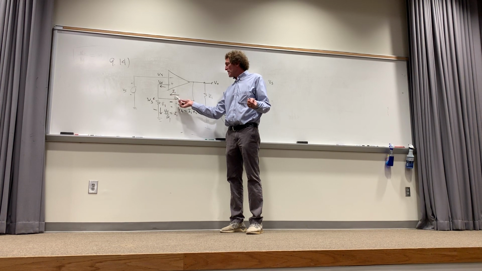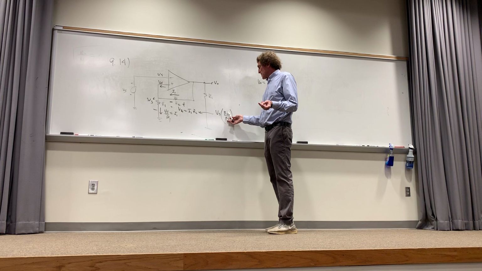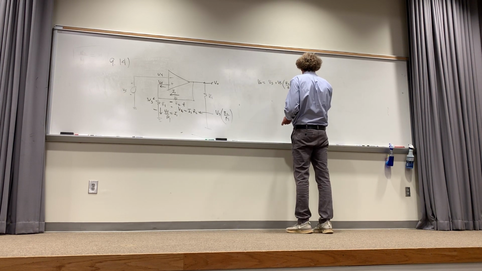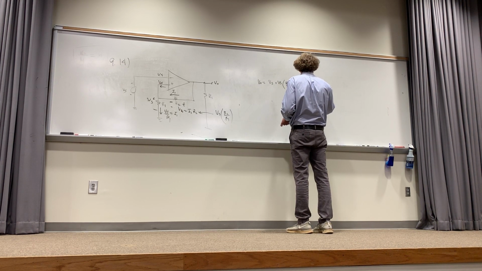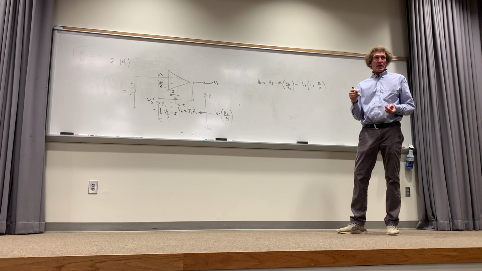And then from here to here, I have an increase of V2, or VS times R2 over R1, or simply VS times (1 plus R2 over R1) is V out. And if they give you a value for VS, you can get V out directly, correct class? If you have R1 and R2.